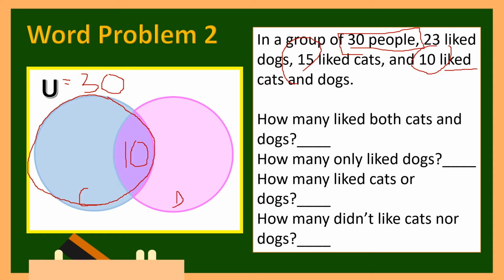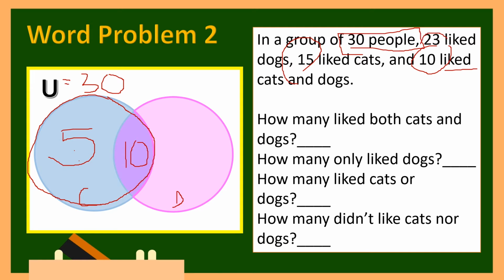Kung meron na tayong 10 sa loob ng cat natin, ilan na lang ang ilalagay natin dito sa natitirang side ng cat? So, susubtract lang natin, 15 minus 10 is simply 5. Very good. Ilalagay natin dito si element na 5. Ganun lang po kasimple. Or 5 plus 10 is simply 15.